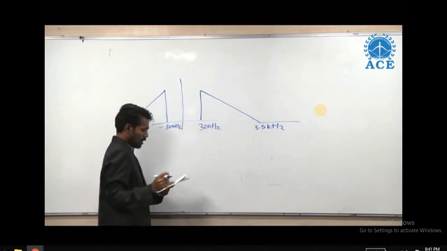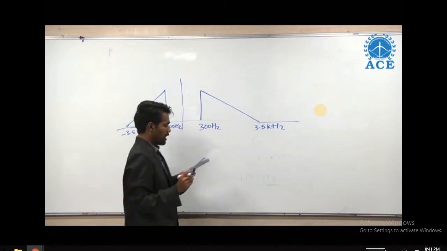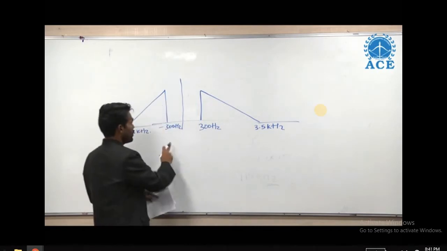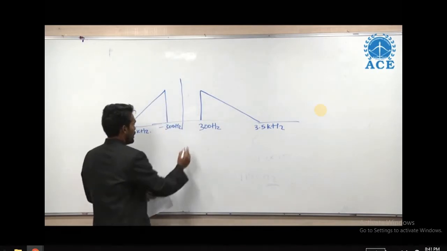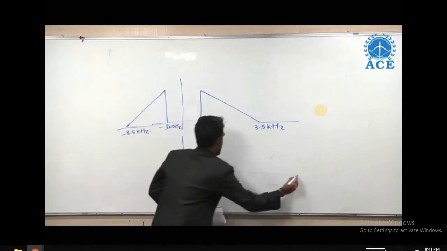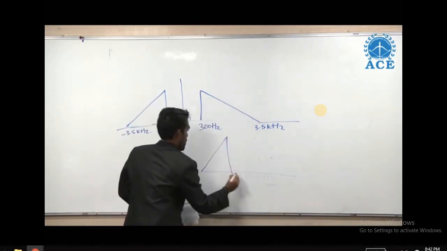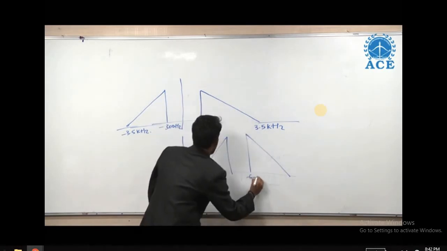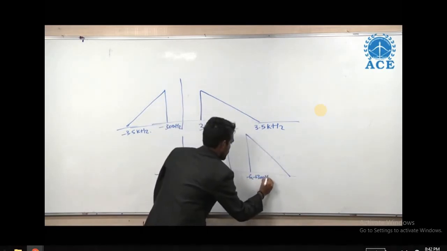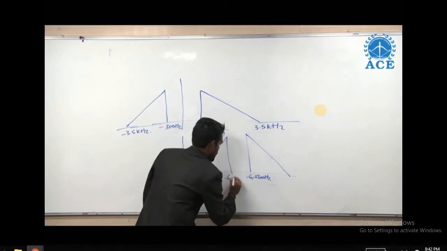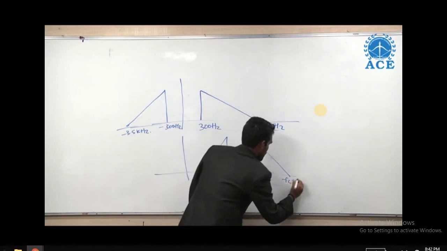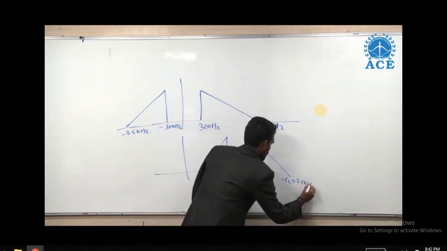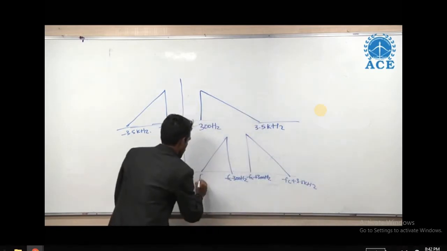We need to find out the width of the frequency having null values. If you modulate this signal, it is shifted like this. So this is fc plus 300 Hz and fc minus 300 Hz. Here fc plus 3.5 kilohertz, here fc minus 3.5 kilohertz.